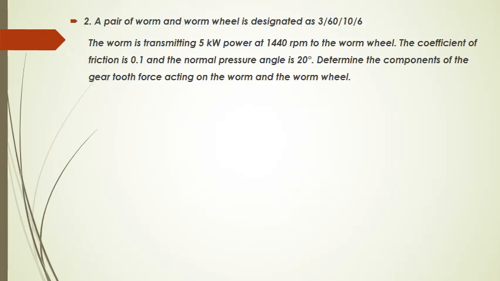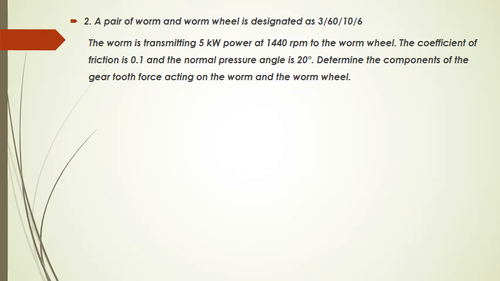Now problem number 2. A pair of worm and worm wheel is designated as 3/60/10/6. The worm is transmitting 5 kilowatt power at 1440 rpm to the worm wheel.